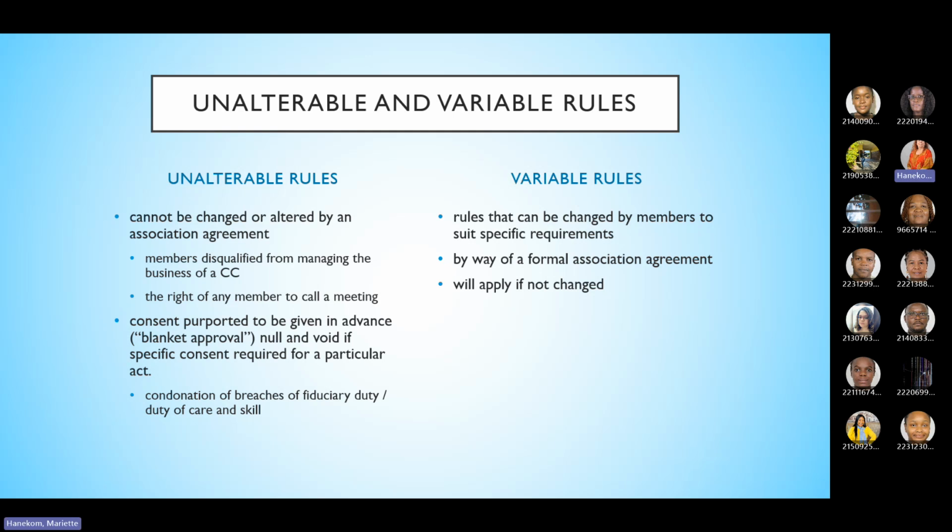In addition, the Closed Corporations Act also contains what are described as variable rules. Variable rules, management rules laid down in the Closed Corporations Act that will apply unless they have been changed by way of a formal association agreement.